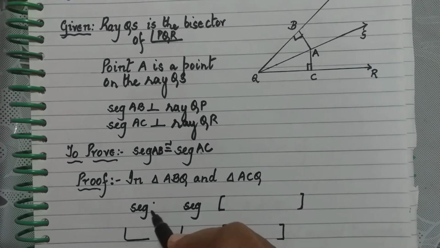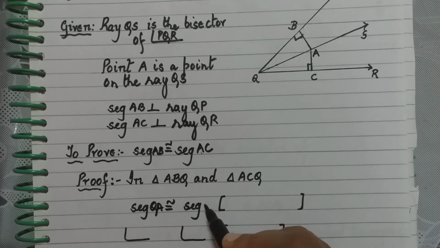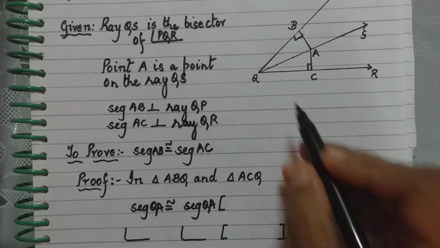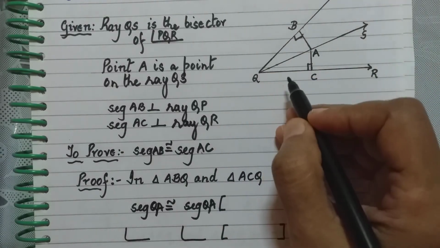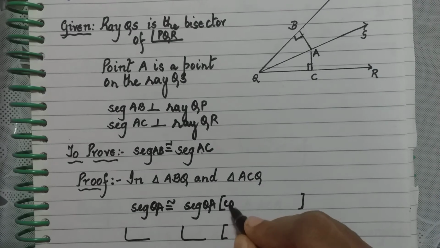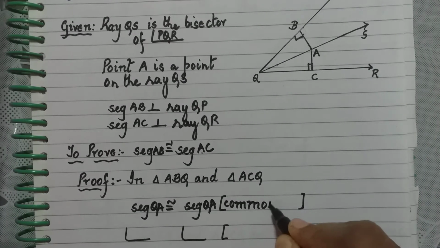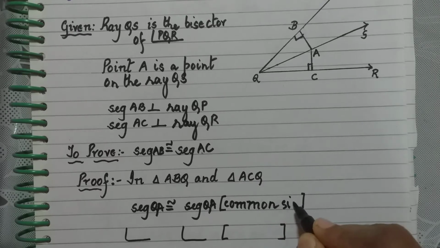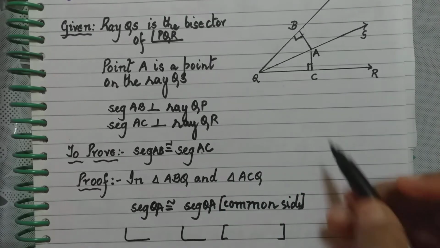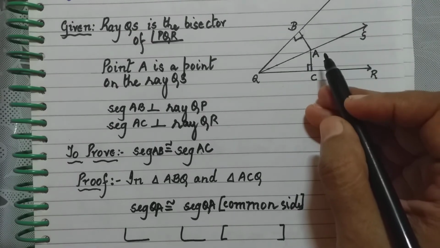So we can say segment QA congruent to segment QA. What is the reason? That side is common to both the triangles. So we write here common side.